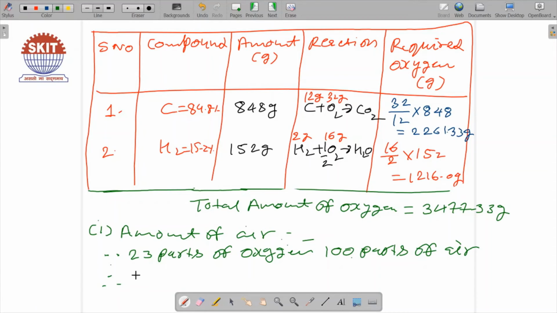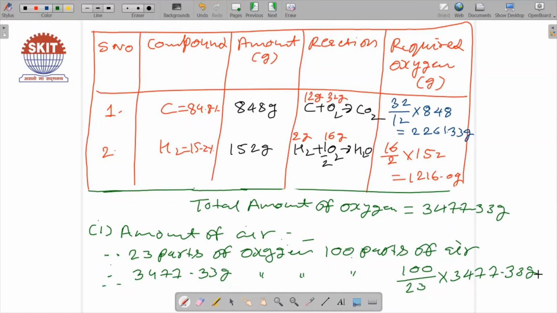So if we have this amount of oxygen, this will react with how much amount of air? 100 divided by 23 and then 3477.33 gram.